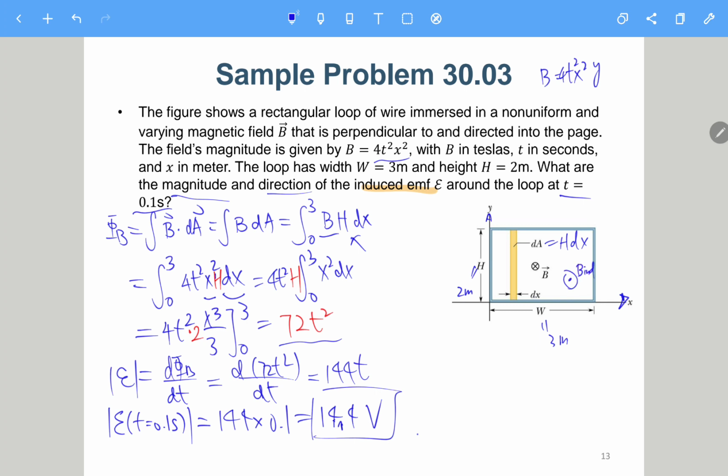With your thumb pointing out of the page, your four fingers curl counterclockwise. So this is the induced EMF or induced current in this direction, which is counterclockwise.